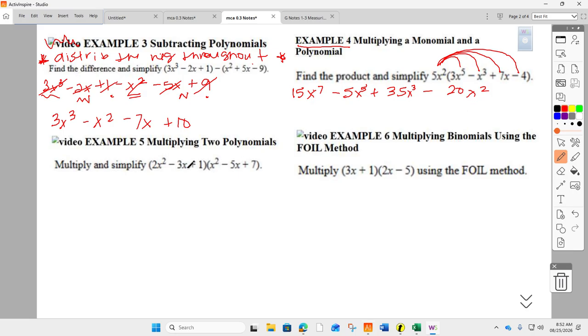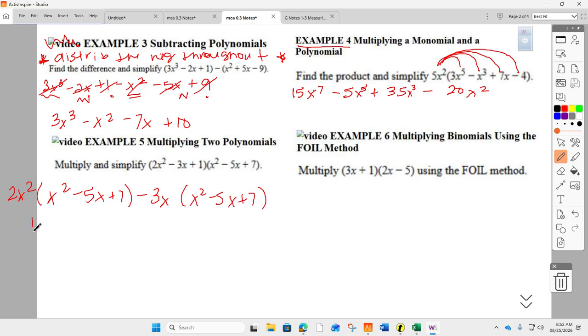Now this one, we distribute, so when we multiply, the easiest way for me to multiply this is just to rewrite it as a sum of 3 different products. So what does that mean? That means I'm going to take the 2x squared and multiply it by everything in this trinomial: 2x squared times x squared minus 5x plus 7. And then I'm going to take that negative 3x and multiply it by everything. And then parentheses.